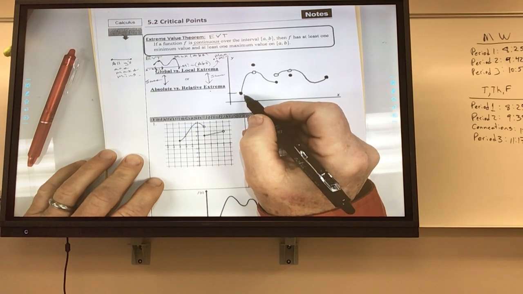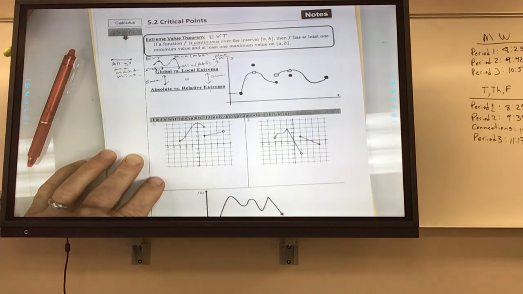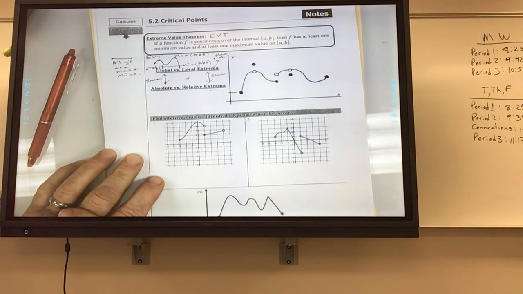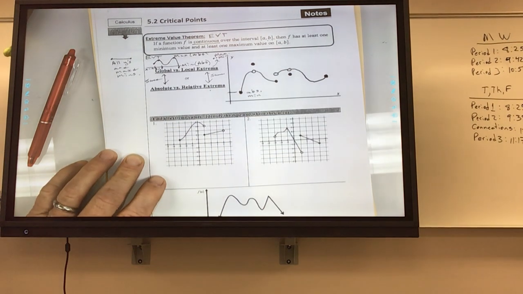Would it be an absolute max, an absolute min, a relative max, or a relative min? Tyler, what do you think? Absolute min. Can you tell me why you think that's true? It is true, but can you tell me why? It's the lowest point in the entire interval. Would you agree? All right.